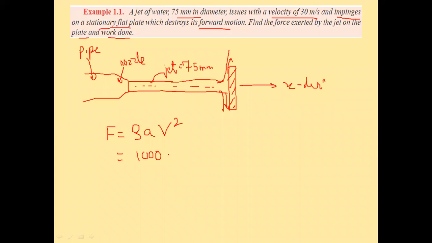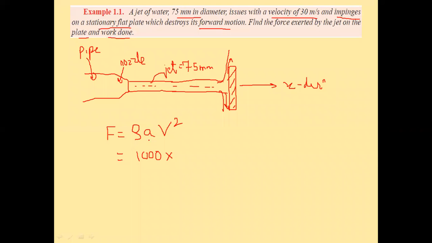Okay, so the value of density is 1000 kg per meter cube. So the density of water is 1000 kg per meter cube.